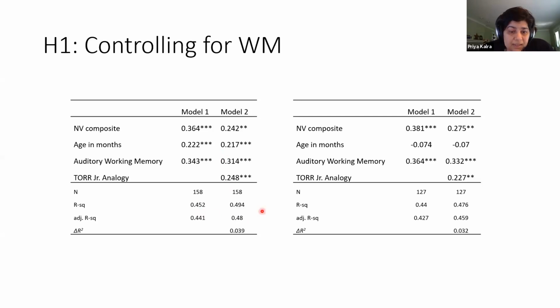And it is contributing at least a little bit of unique variance, explaining unique variance in the fraction scores, right? The outcome here is the score on the fraction knowledge assessment, the percent correct. For the fifth graders, a similar pattern. Even when you control for these other things, the TORR relational reasoning still is a significant predictor, pretty good effect size, and explains unique variance.